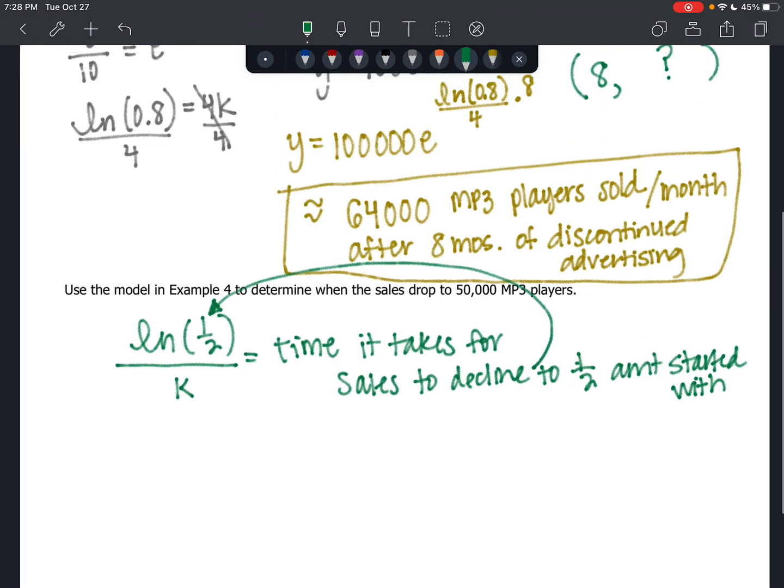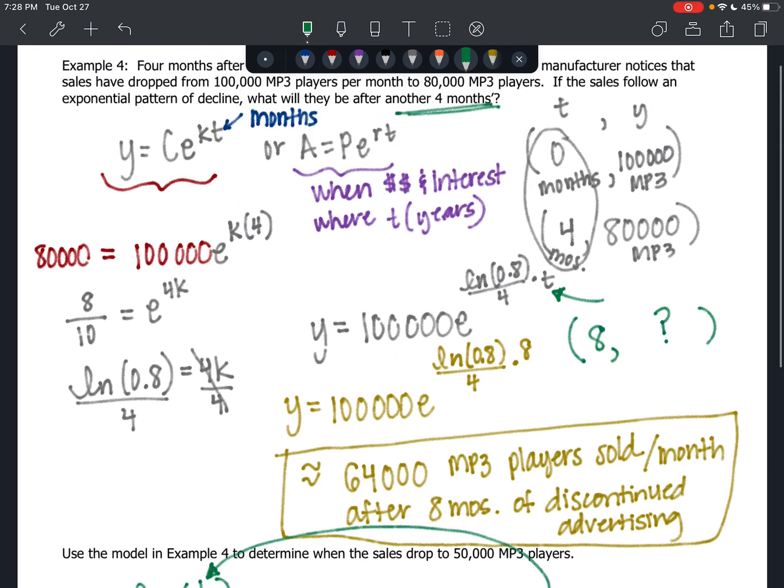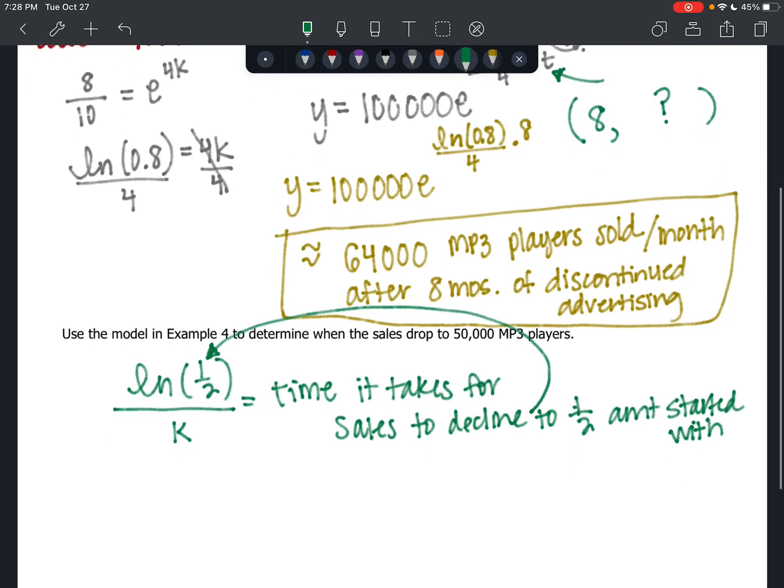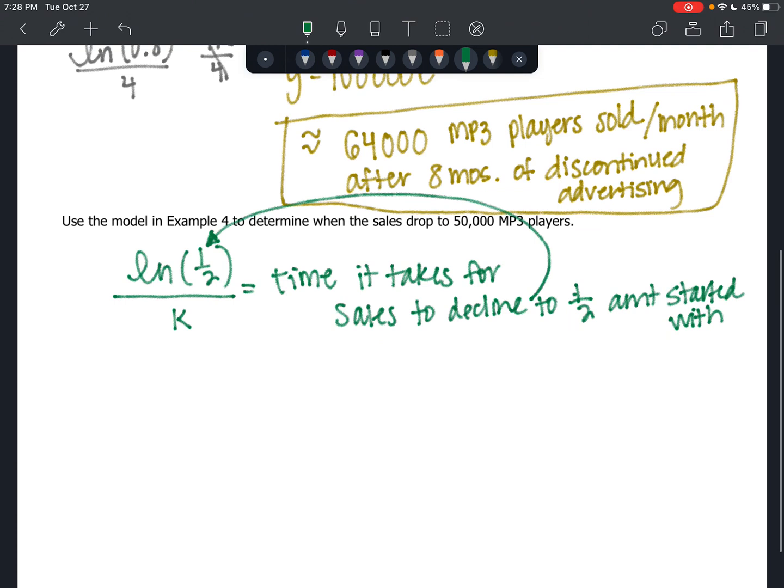Now you can put all of the values in the way I did right here. You can figure out 50,000 equals 100,000 times the exponential. You're going to divide by 100,000, you're going to get 1/2. Do all the math. This looks very familiar, and your time is approximately 12.425 months.